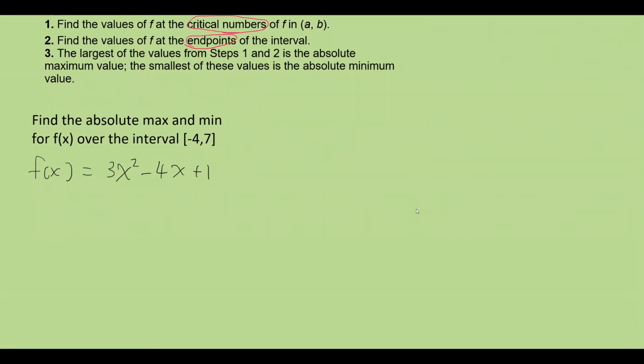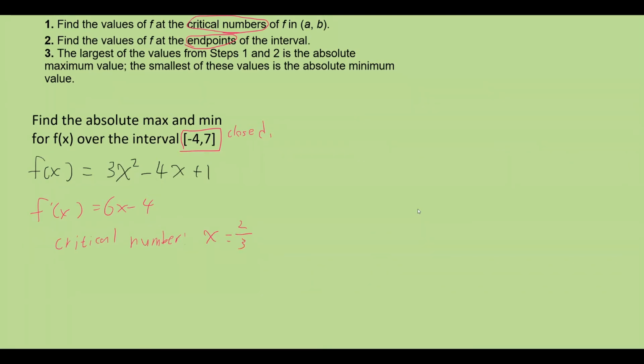Okay, find the absolute max and min for f of x over the interval -4, 7. Right, so we have a closed interval that is -4 and 7 closed. Right? And we also know from earlier that for our critical number, f prime of x, which is 6x minus 4, we have the critical number at x equal to 2/3. Okay.